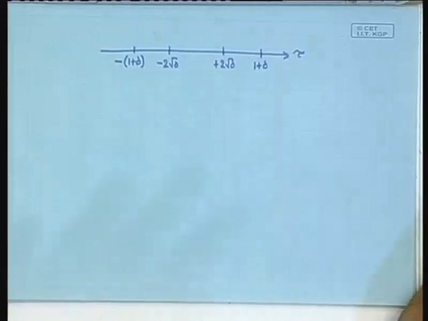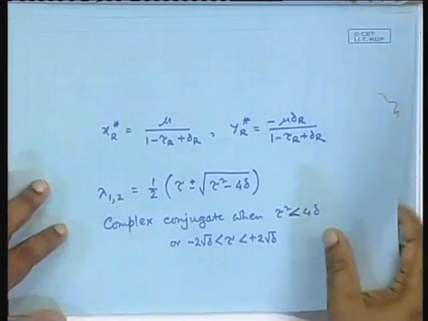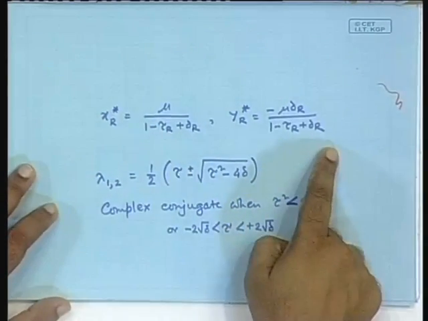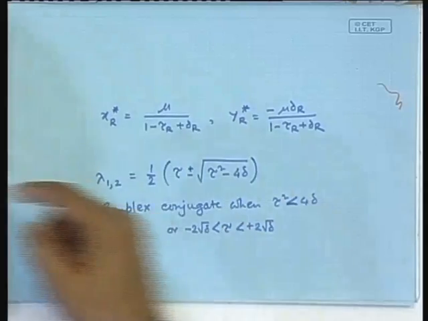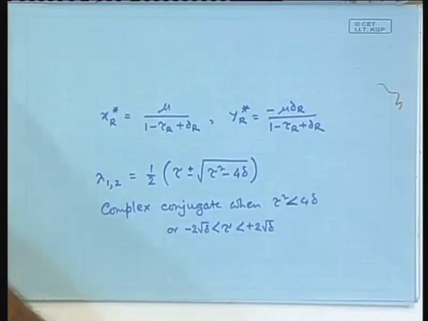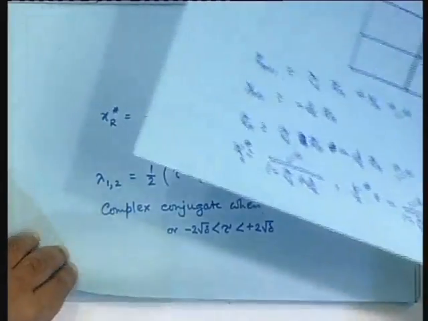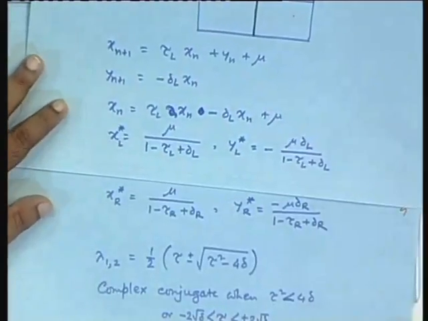Now, in this system, what happens as you vary the parameter mu? Where was the tau L written here? Let us keep them side by side.